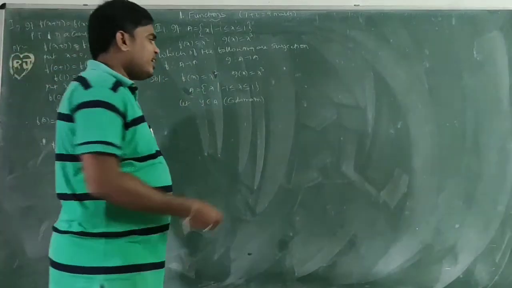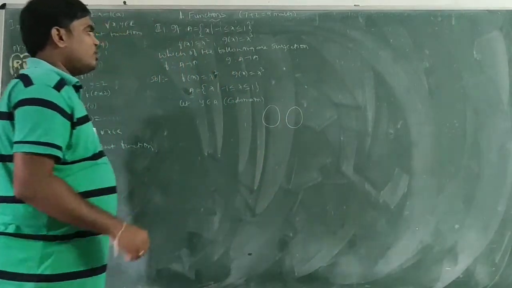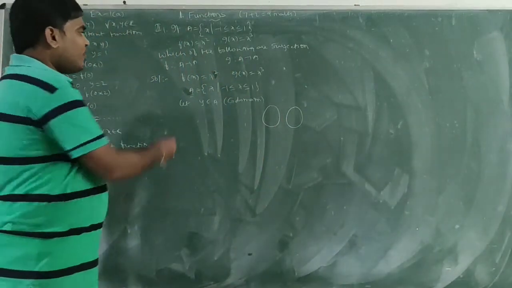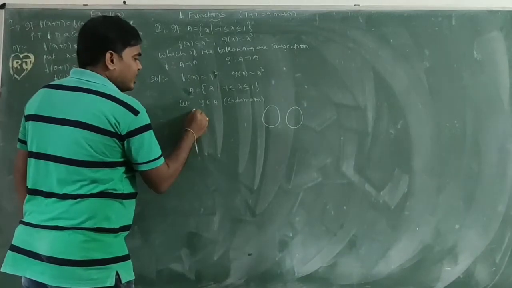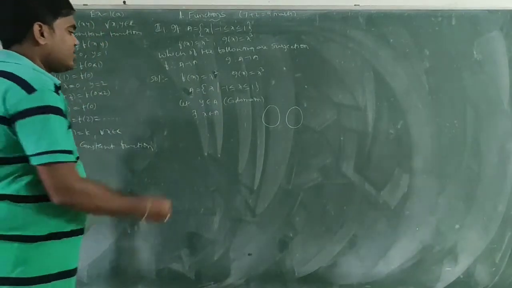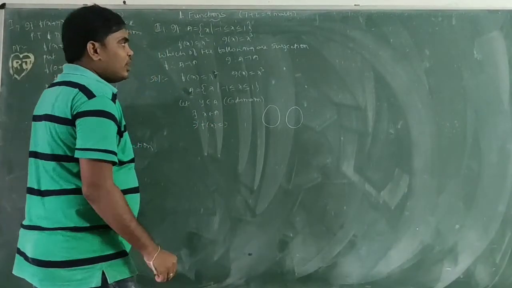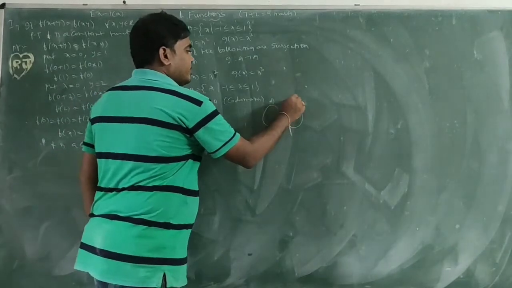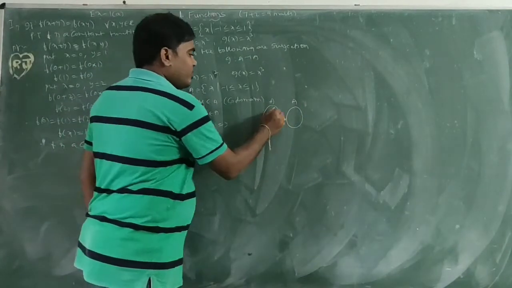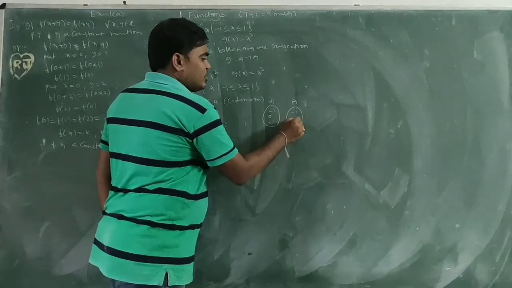If we take any element in the codomain, it must have a preimage. Okay, f of x equal to x square. Then there exists x belonging to A such that f of x equal to y. For example, I am taking minus 1, 0, 1.